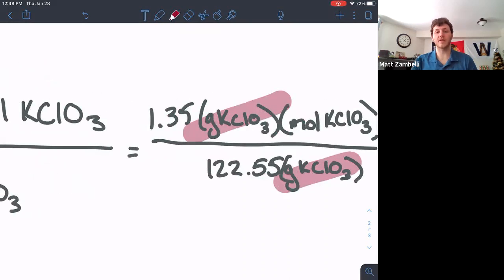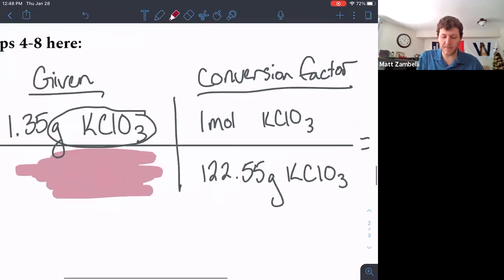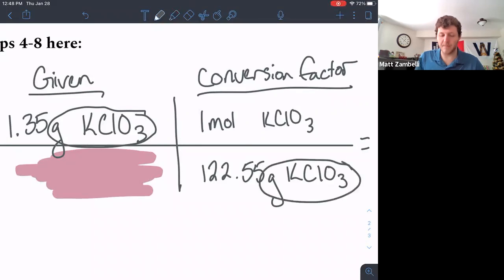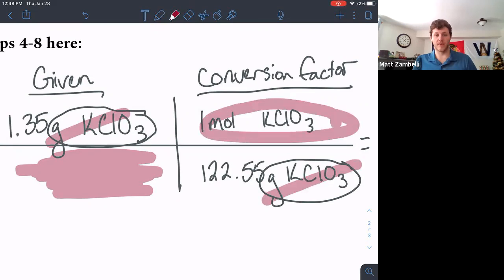Our only units left are going to be those moles of KClO3, which is what we're trying to get to in the end, as we saw up here. So if we have the grams at the top and the grams at the bottom, these cancel out and leave us with just the units we're looking for. When you have these railroad tracks, we always want our units to go from top to bottom so that they can cancel out.